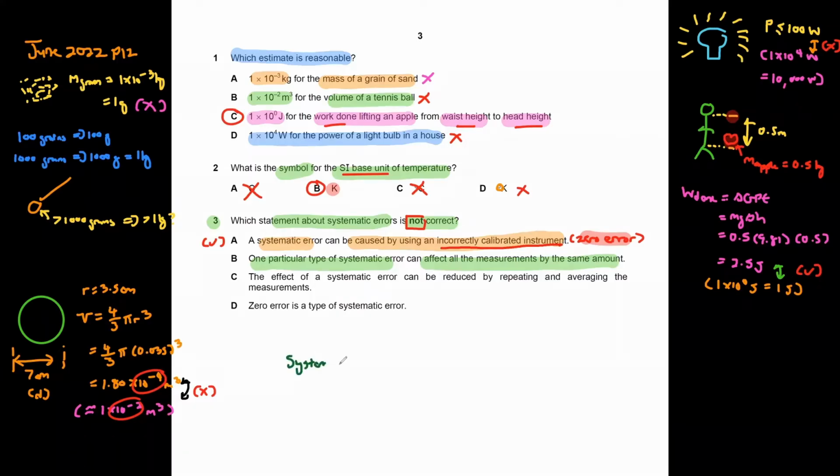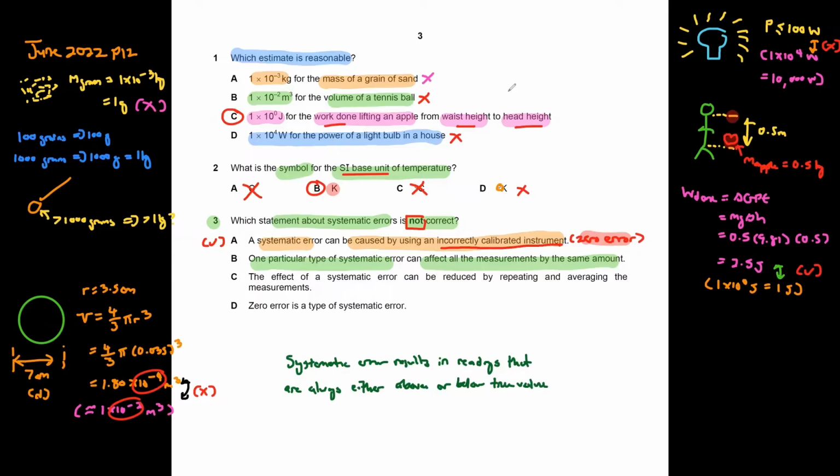Systematic error results in readings that are always either above or below the true value.